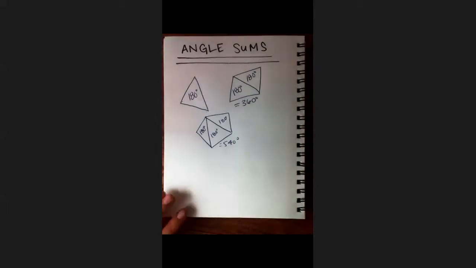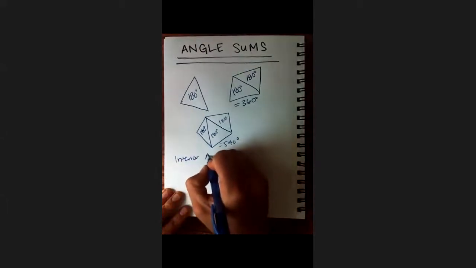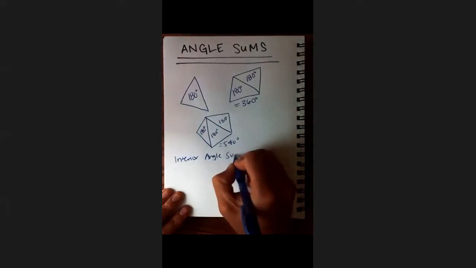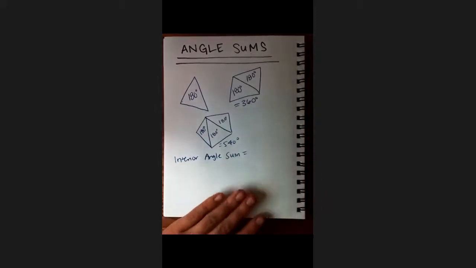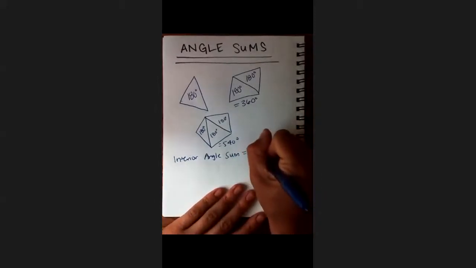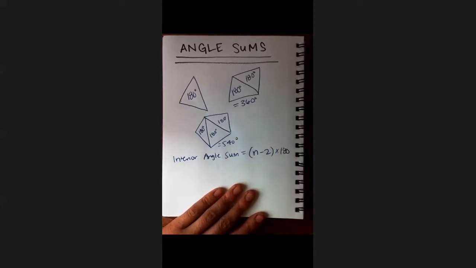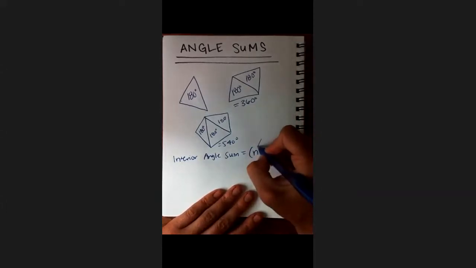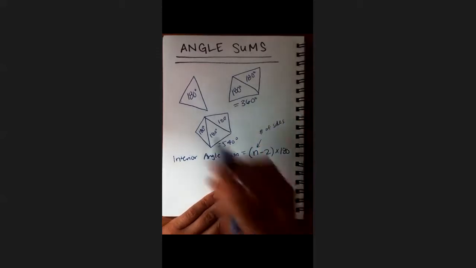540 degrees. Now, I think it would be kind of boring if we cut each one of our shapes into triangles as they get bigger. So there's actually an interior angle equation that we can use, and that is (n minus 2) times 180. We always want to put the n minus 2 in parentheses. So your number of sides minus 2, times 180 for each of those triangles.